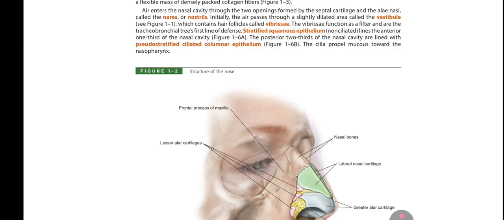When we go ahead, we will see the tissues, the pseudostratified ciliated columnar epithelium. Pseudo is fake, and stratified is a lot of cells or tissues. Ciliated means it has cilia, which move and propel debris and organisms.